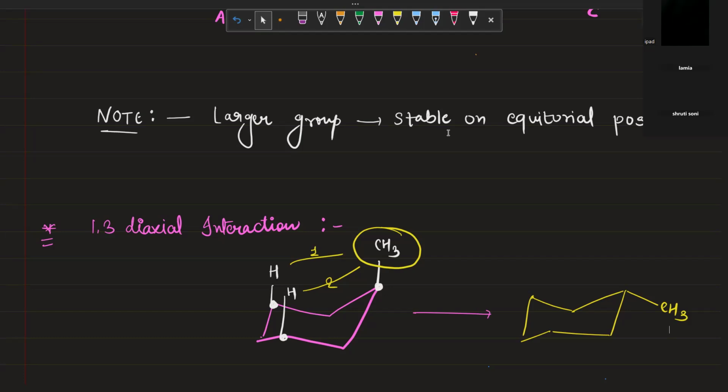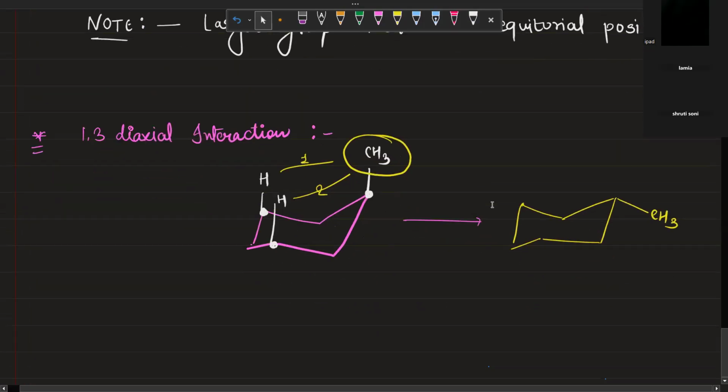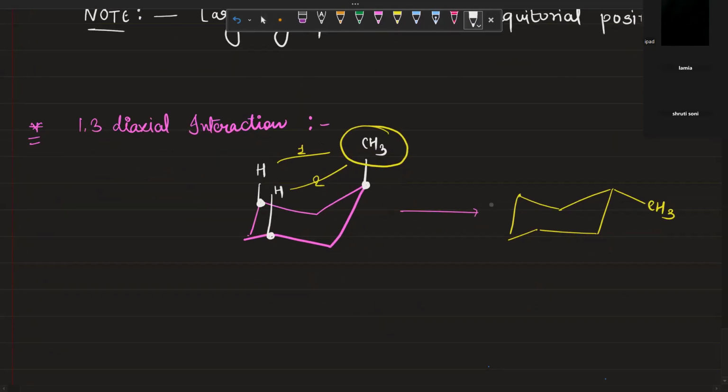Also, I have a question. Is this mainly important for reaction mechanisms? Yes, they are very important. See, let's suppose there is a reaction they will give you, and they'll ask you that there are two probable compounds formed.